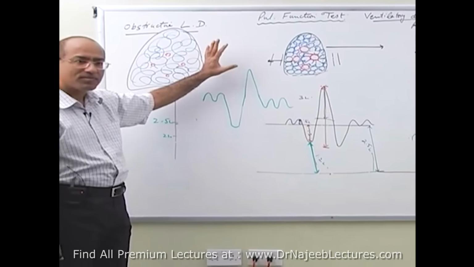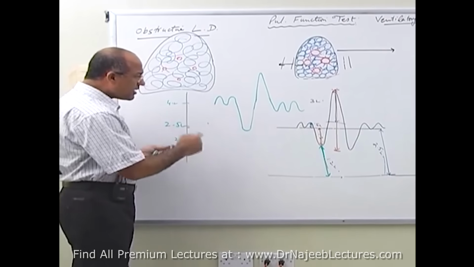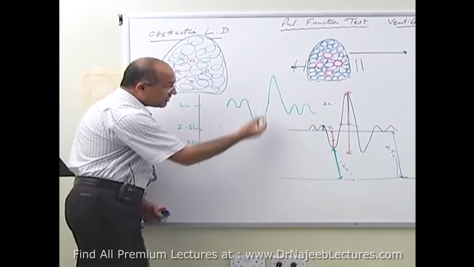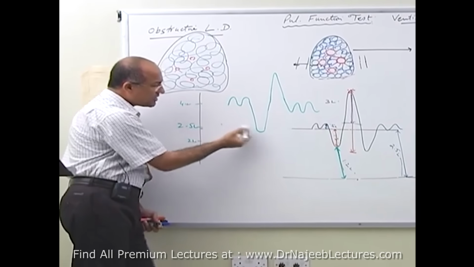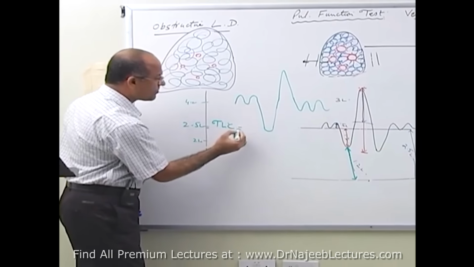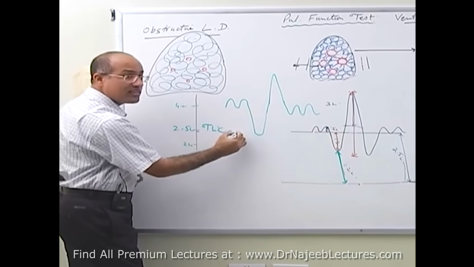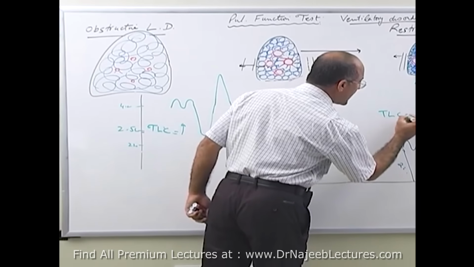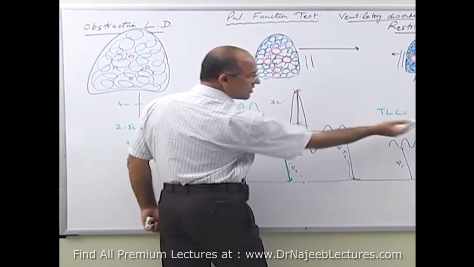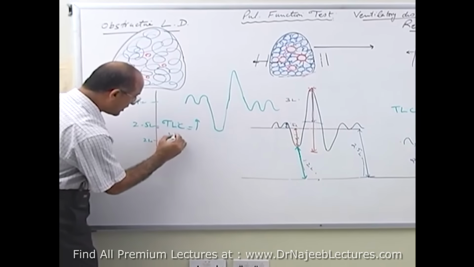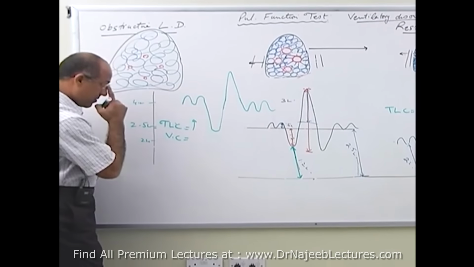Am I clear? Right? Now, if we write down the general findings, what is here? Total lung capacity, as compared to the normal, it is more. And if you look here, total lung capacity, as compared to the normal lung, it is less.